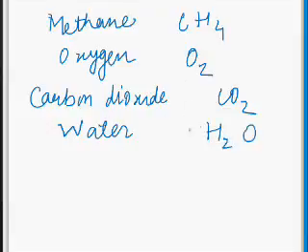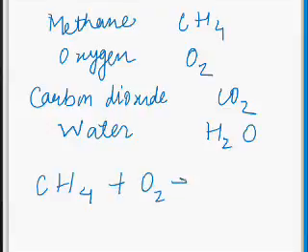So these are the chemical formulas. Now we will write the chemical formulae of all the substances in the word equation. So we get CH4 plus O2, it will give CO2 plus H2O.